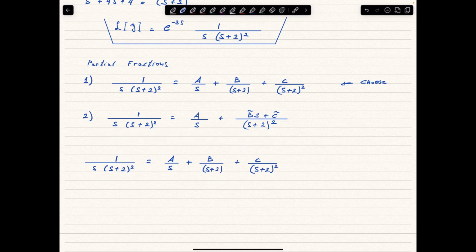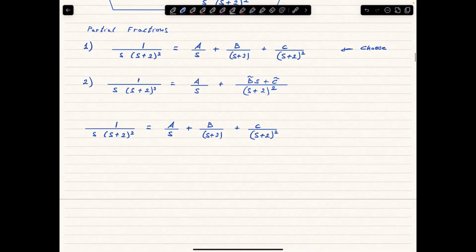And what we do here is, of course, rewrite this addition as one single fraction. There it is. s plus 2 squared.